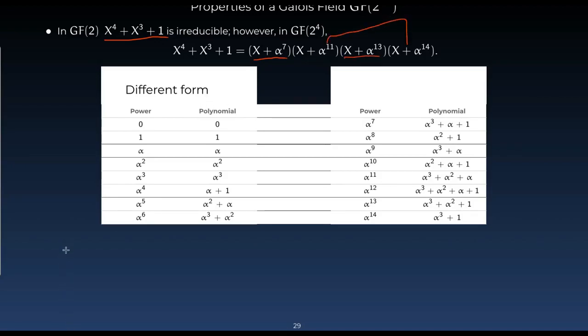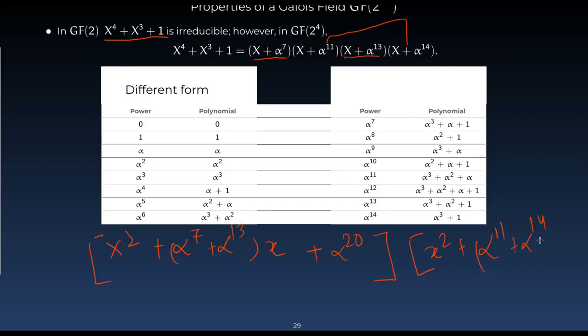Then I will get x^2 + (alpha^7 + alpha^13)x + alpha^20, and the second one, when we multiply alpha^11 and alpha^14, I will have x^2 + (alpha^11 + alpha^14)x + alpha^25.